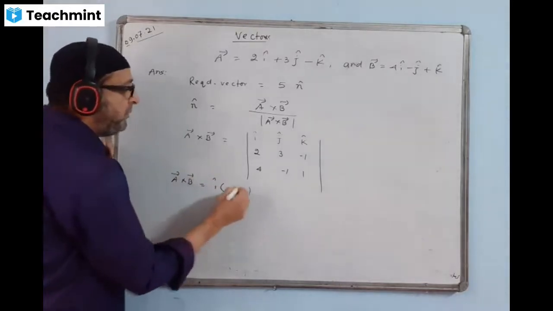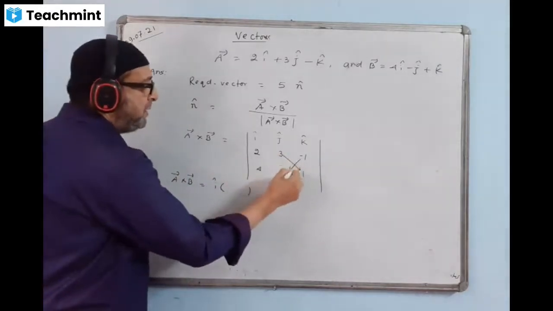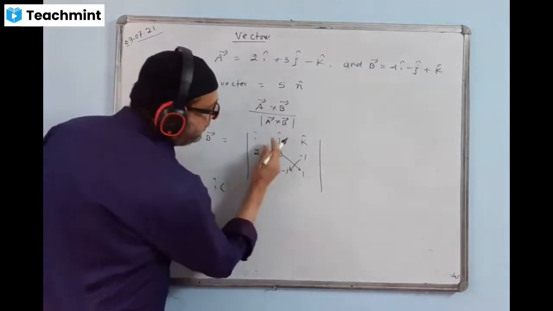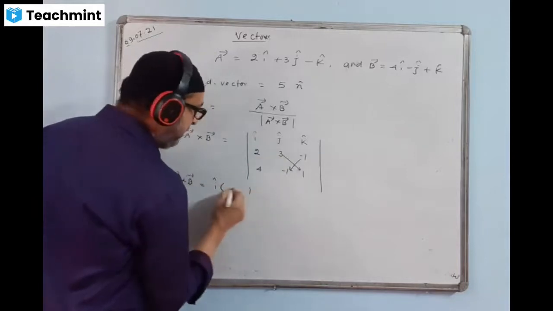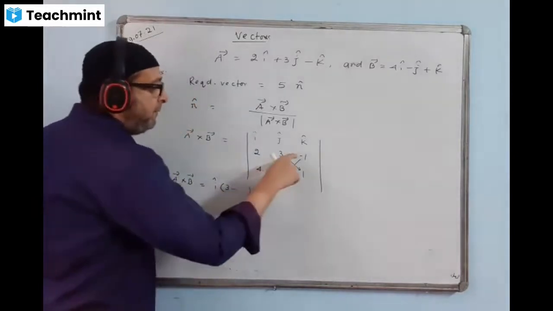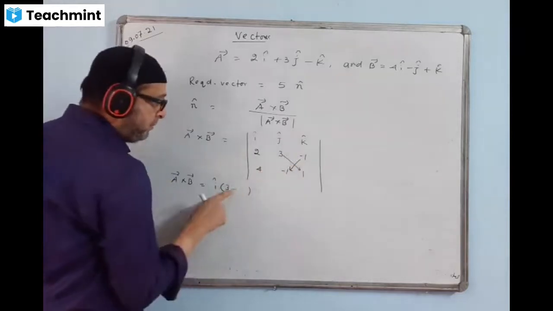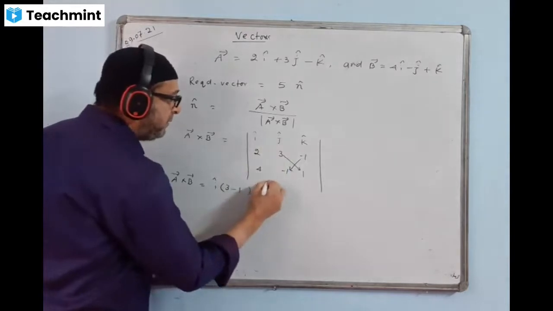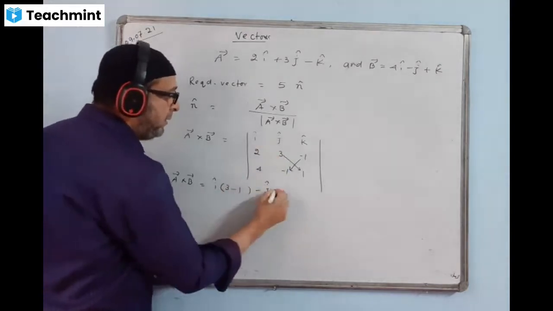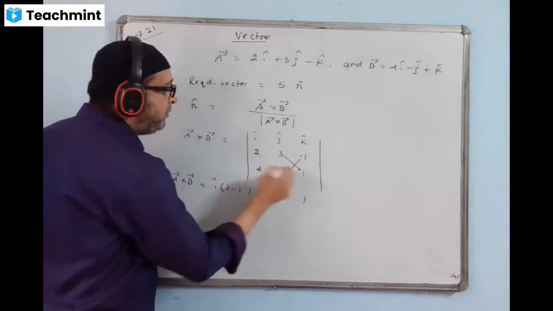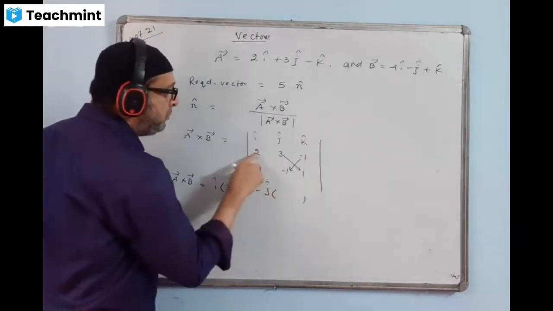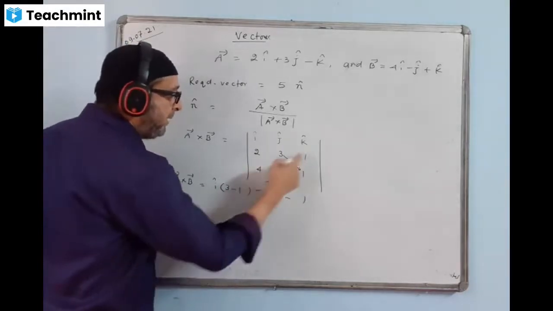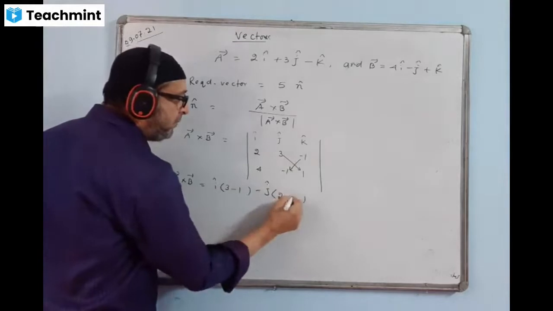Writing i here, you know the method. From the 4 things, starting from the top right: 3 ones are 3, put a minus sign; minus times plus 1 gives minus 1, so 3 minus 1 remains. Then minus j, since the sign for j is minus: 2 ones are 2, put a minus sign; minus 1 into 4 is minus 4, so this minus becomes plus, giving 2 plus 4.